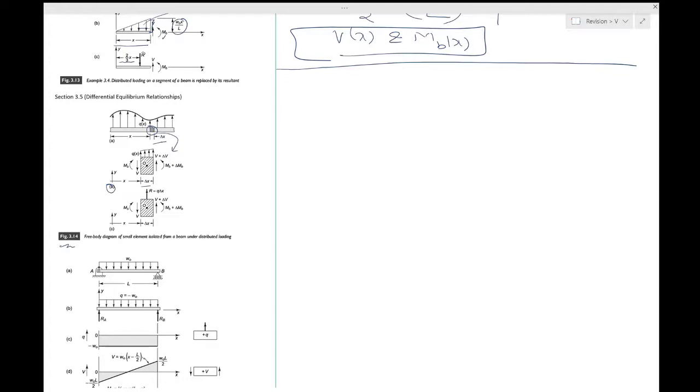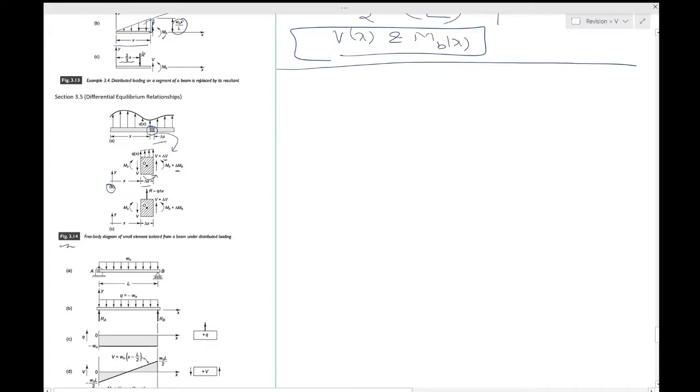Now look at this part. Start on the left face of this element. The shear force acting is V, and the bending moment acting is M_B. When you come to the other face of this small element, the shear force is V plus delta V. The signs are there to keep it in equilibrium, and similarly the bending moment also has this delta M_B.